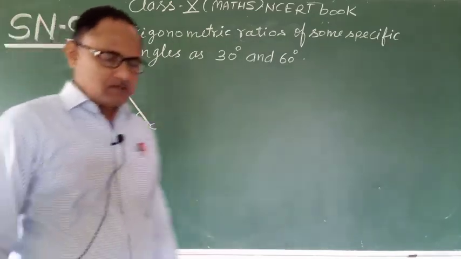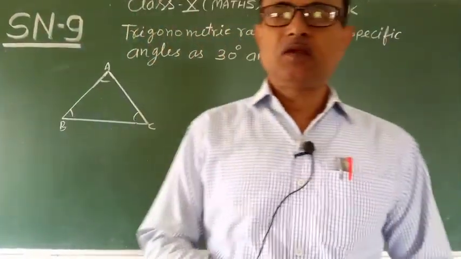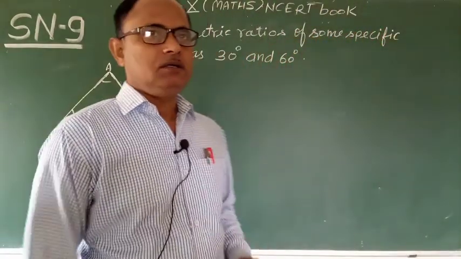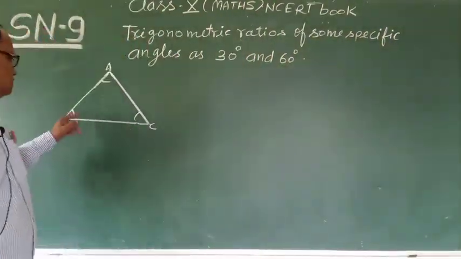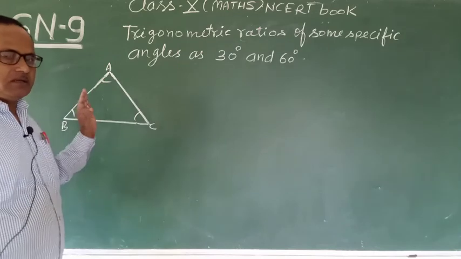You know that each angle of an equilateral triangle is 60 degree: 60 degree, 60 degree and 60 degree. Okay?